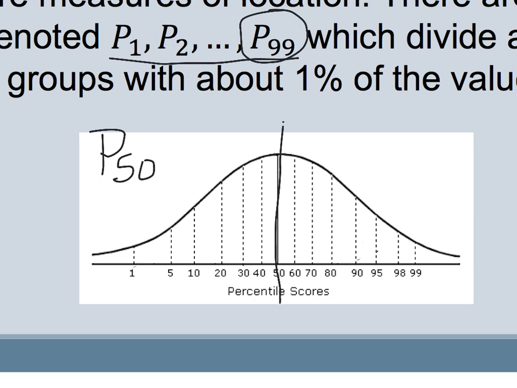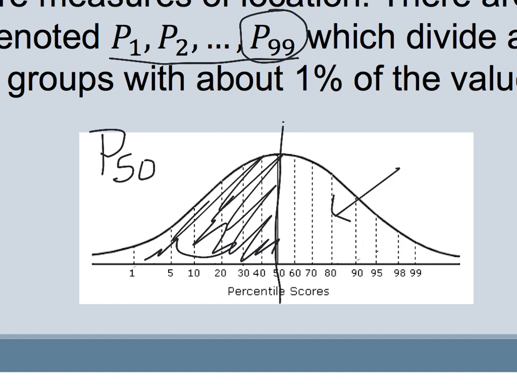So I'm at my mean. Pretend that's a straight line. And half the people did worse than I did, and half the people did better than I did. Okay? So percentiles is literally, I take that curve and break it up into percentiles, 0 to 100, and whatever the number is is where I'm falling.